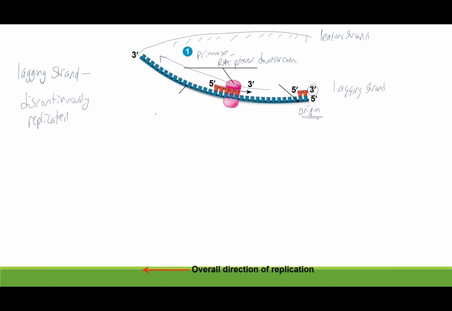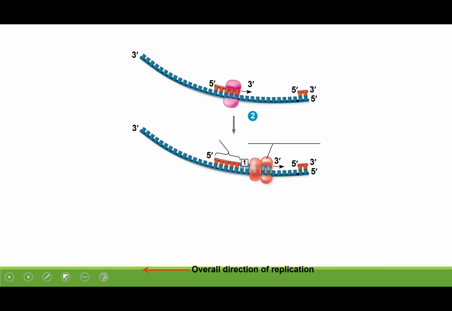The origin is here. The first primer is going to go here. Now, when we built this primer in this direction, we've got a 3' end here that is free. So now DNA polymerase 3 can start working. We've got our primer built. Here's our origin.